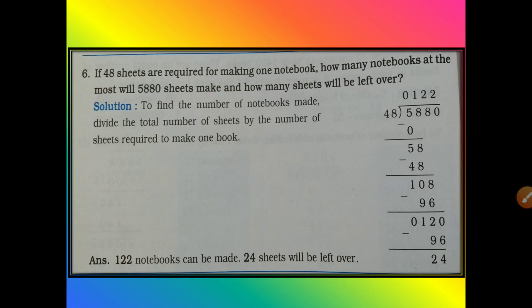Question number 6. If 48 sheets are required for making one notebook, how many notebooks at the most will 5880 sheets make, and how many sheets will be left over? In this question, we need to make notebooks. The total sheets are 5880.